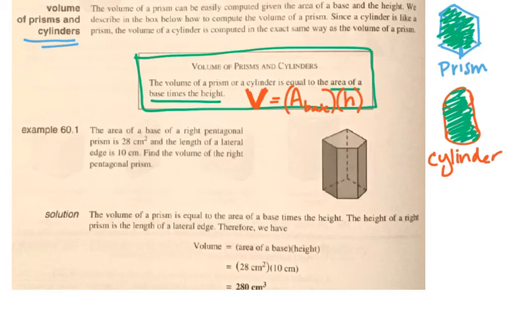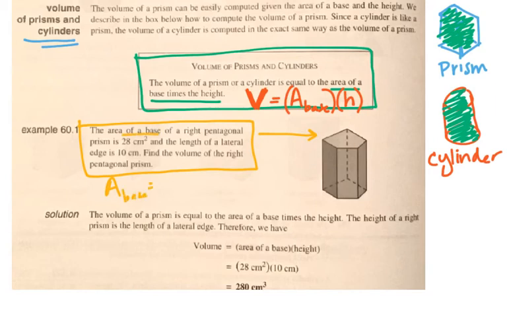So we're going to do an example. We'll read this one together. The area of a base of a right pentagonal prism, and they drew it over here, is 28 centimeters squared. So they're telling you that the area of the base of that prism is 28 centimeters squared.